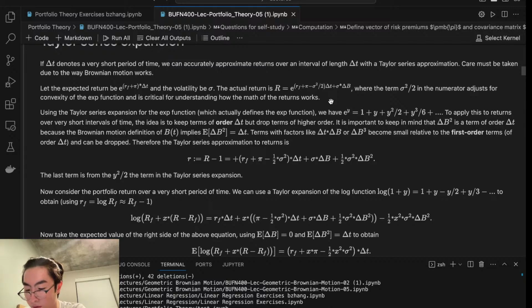Minus 1, it's a Brownian motion. So log of R, that's Brownian motion.